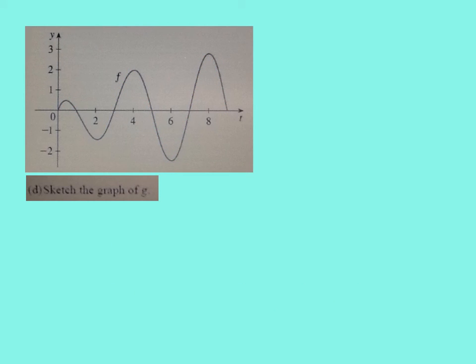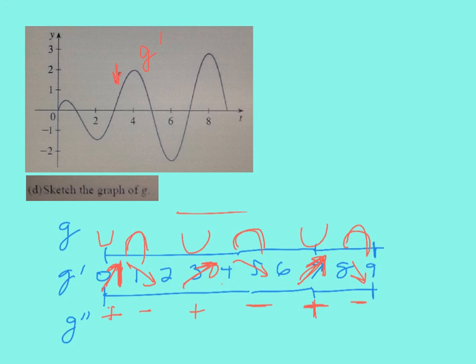Now we have the last little bit here where we're asked to sketch the graph of g. Remember, this is g prime. So what would g look like? Well, we had a lot of information in that last little graph. So I'm going to go pick that up and then paste it here. So this is what we had in that last little chart there.